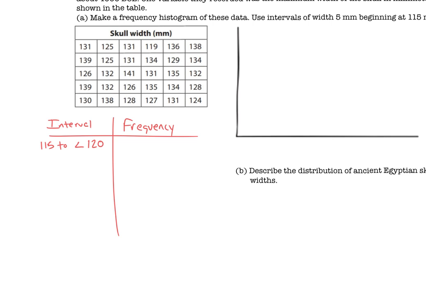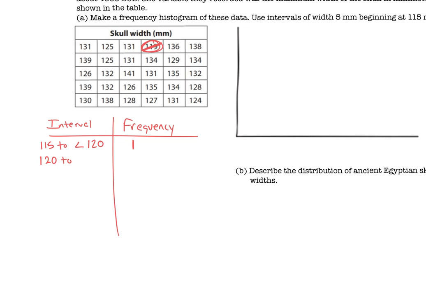Okay. Again, I'm trying to keep the width of the classes the same. So 115, 116, 117, 118, 119, these have a width of 5. Well, within there, we have one data point that falls within that bin, and that's this right here, the 119. Okay, and so I would cross that off the list. Now we want to pick up with 120, and we want to keep our width the same.